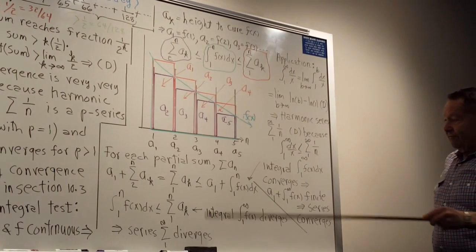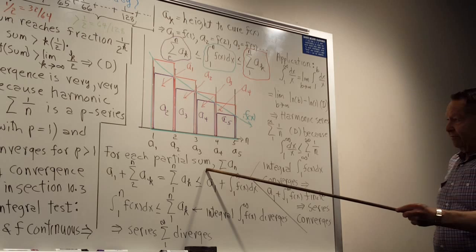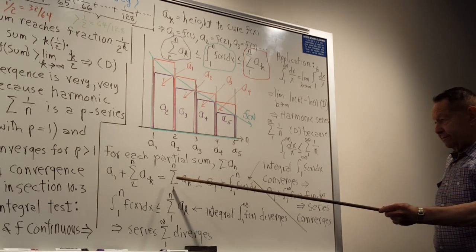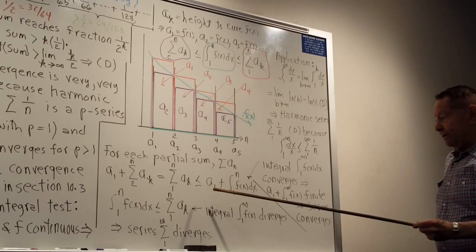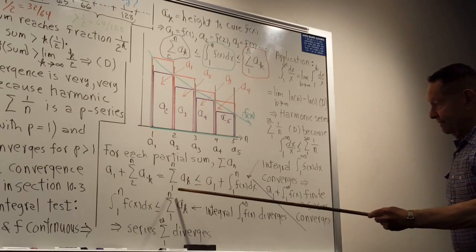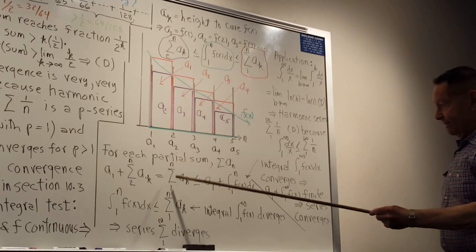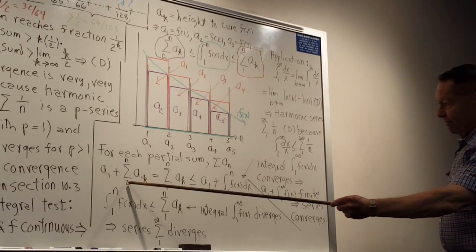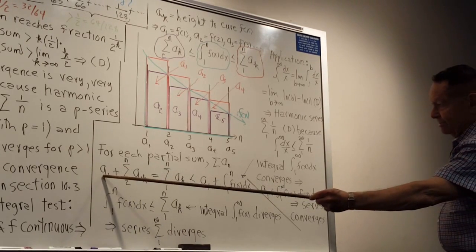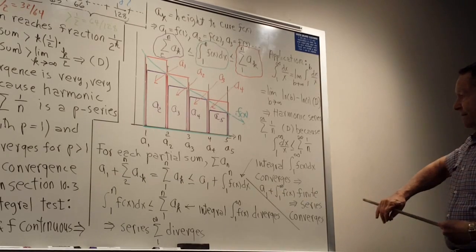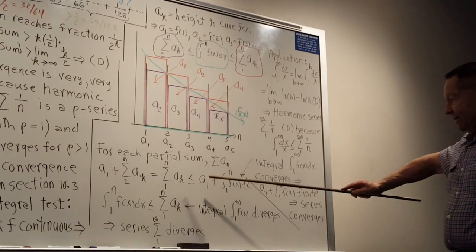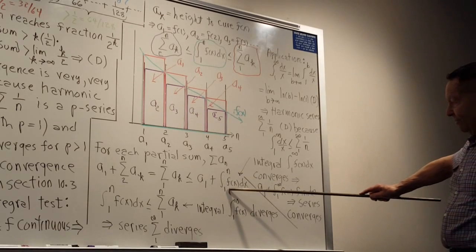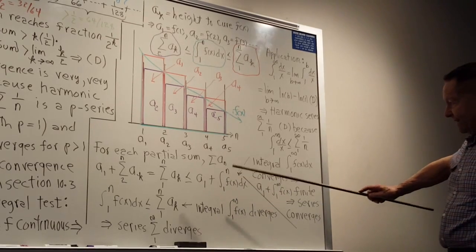So if you look at your partial sums then, what you have is that the sum 1 to n, which is also the sum from 2 to n plus the first term, is less than or equal to a1 plus the integral 1 to n of f of x.